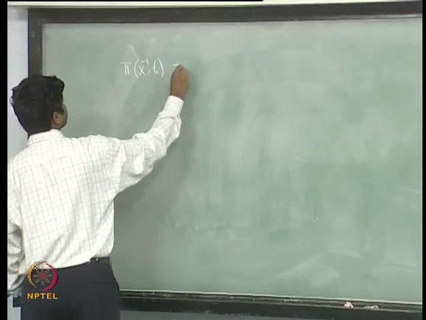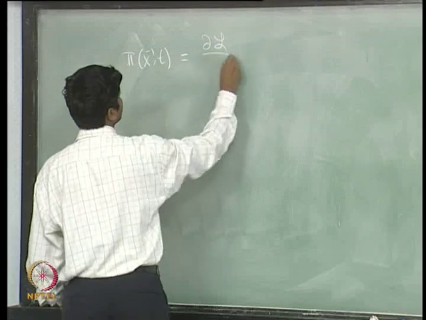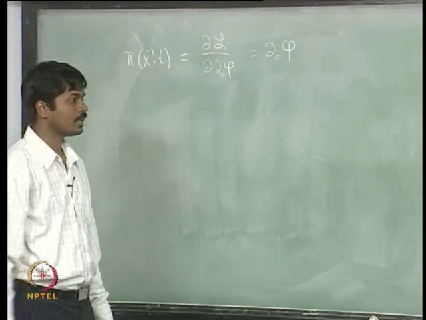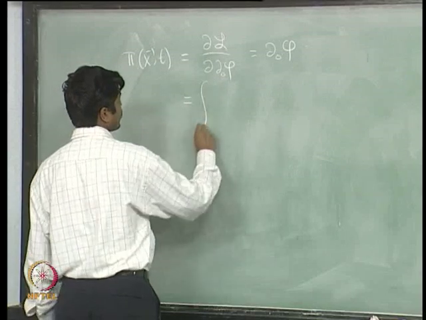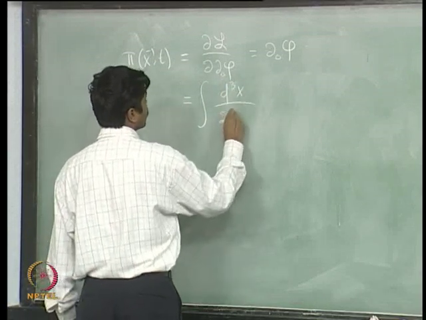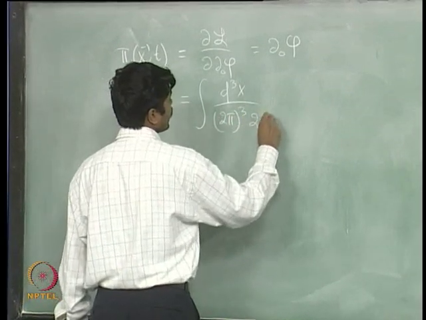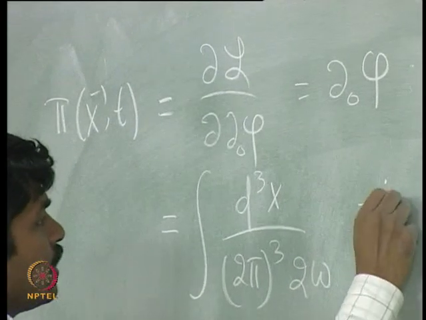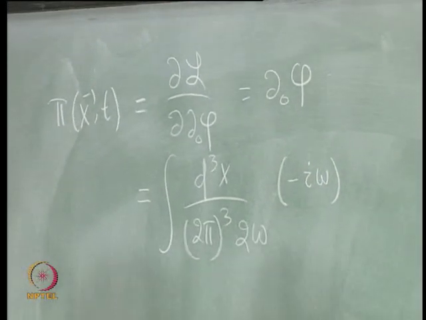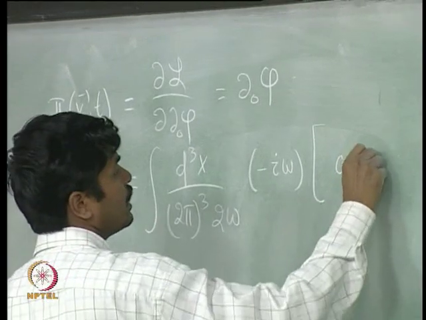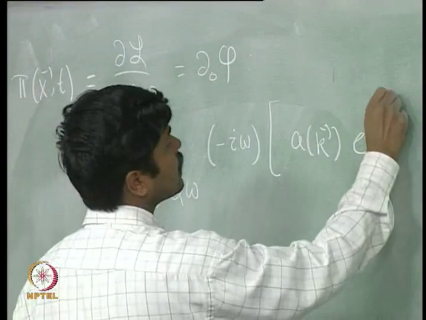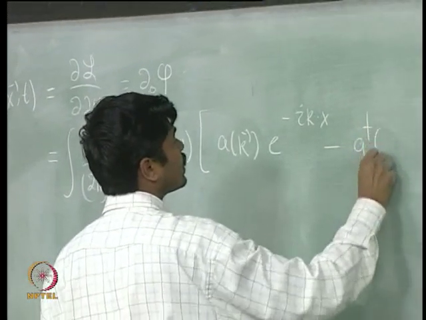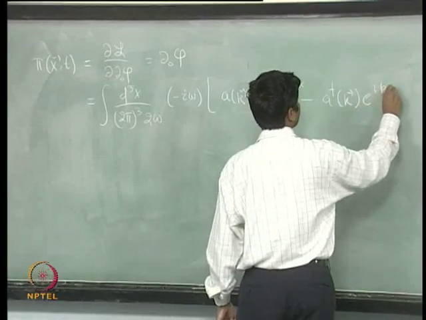Pi of x, t is basically del L over del of del 0 phi, which is del 0 phi, and from this expression we get this to be the integral of d cube k over 2 pi cube 2 omega times minus i omega times a k e to the power minus i k dot x minus a dagger k e to the power i k dot x.